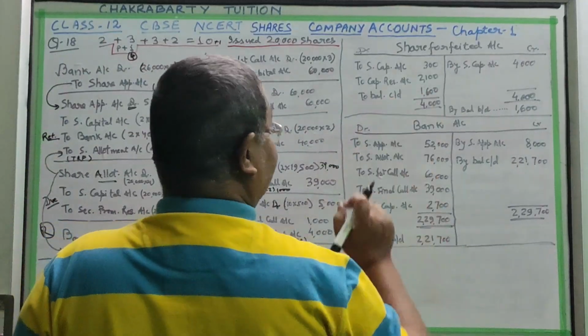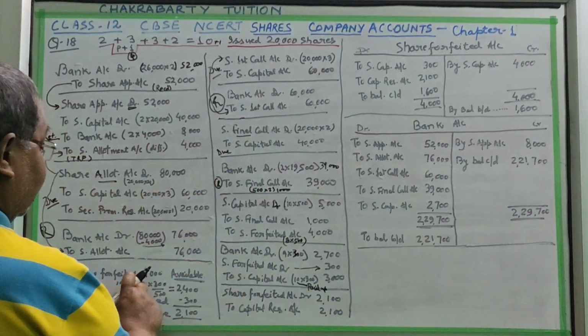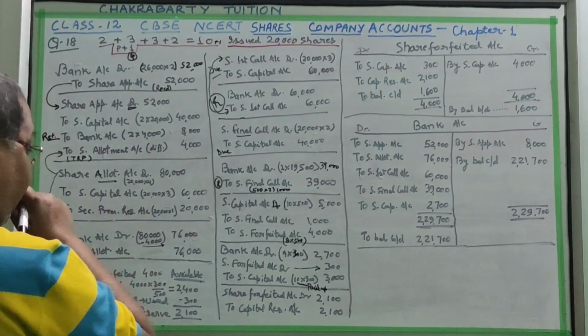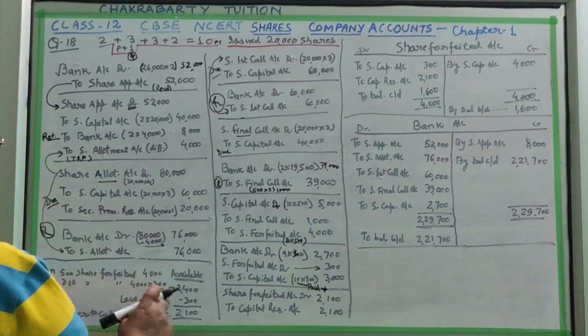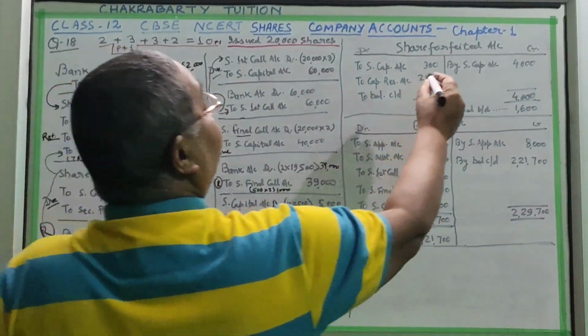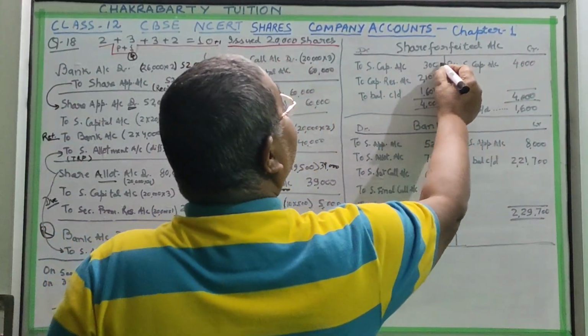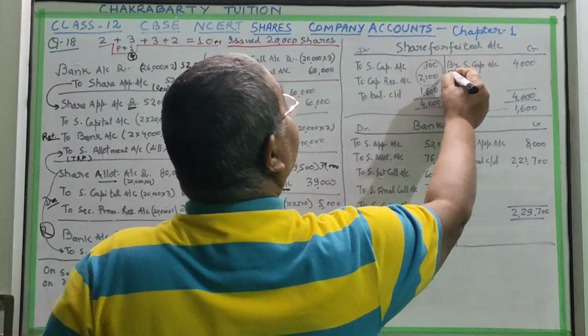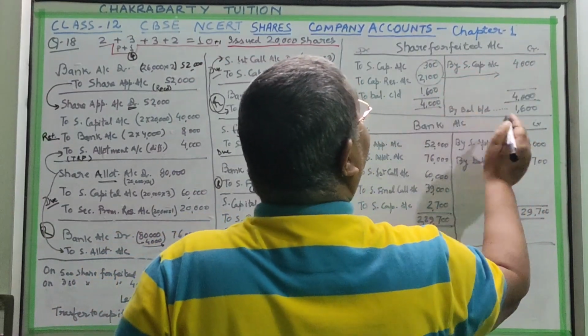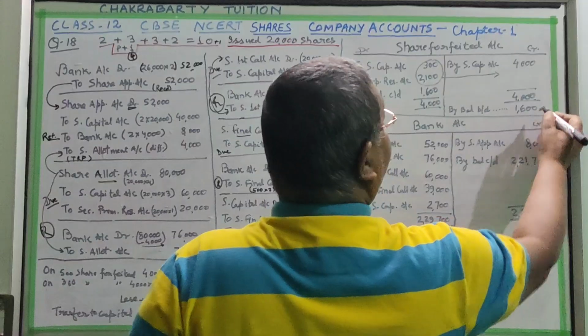The rest balance 1,600 will remain. Out of 4,000, 2,400 we have used. So what will be available? 4,000 minus the used amount, 1,600 will remain, and this will go to your balance sheet.